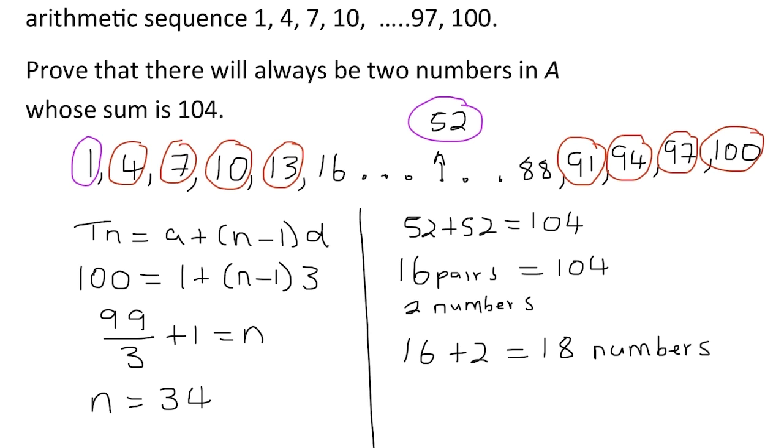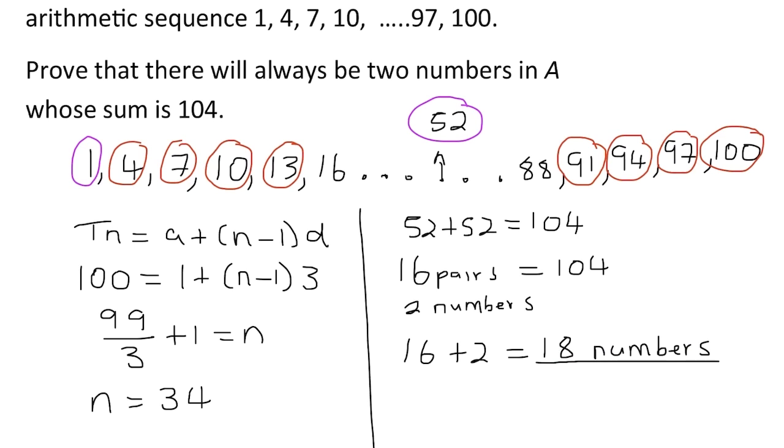Okay, so if we have 18 numbers from the sequence, that is one number from each pair, and the 2 numbers, the minute we start adding another number, then it will have one of the numbers from the 18 which has a pair.